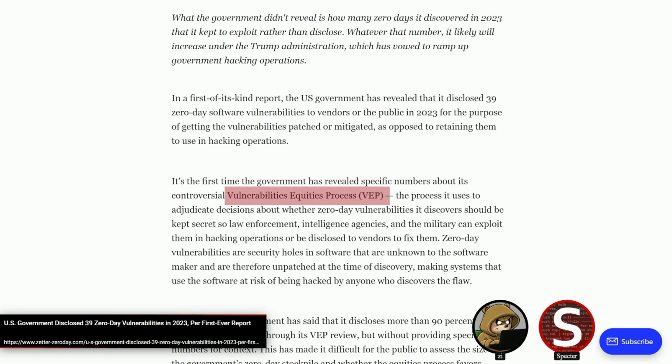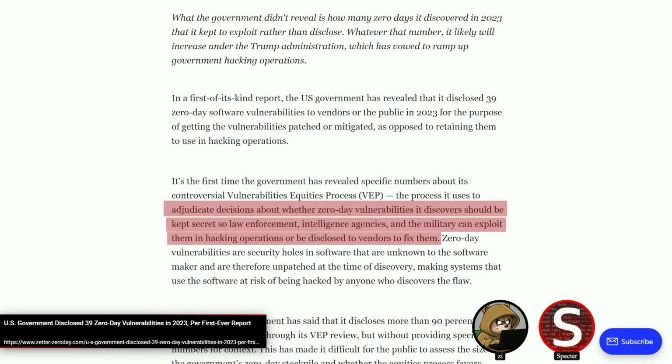The whole idea behind that process is that it's used to determine whether or not zero days discovered by government agencies should be kept secret or disclosed. In the past, the government has commented, in the little bit of information they have given out, that about 90% or more of vulnerabilities that go through the VEP review do get disclosed.